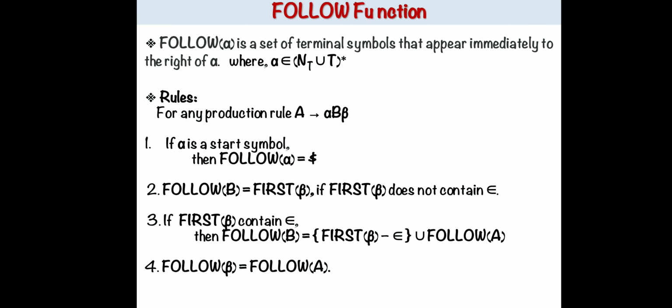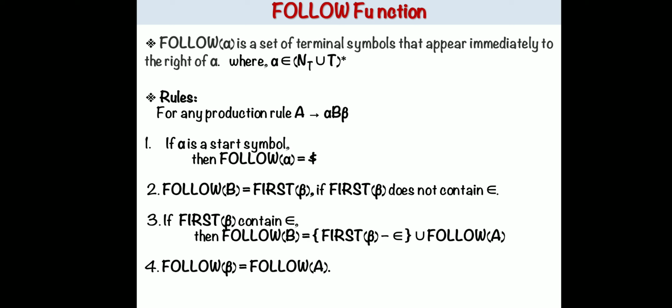Then the follow function. The follow function has 4 rules. What are the rules? If there is a production A arrow alpha B beta, where alpha is the start symbol, then follow of alpha will be $. Follow of B equals first of beta if first of beta does not contain null.